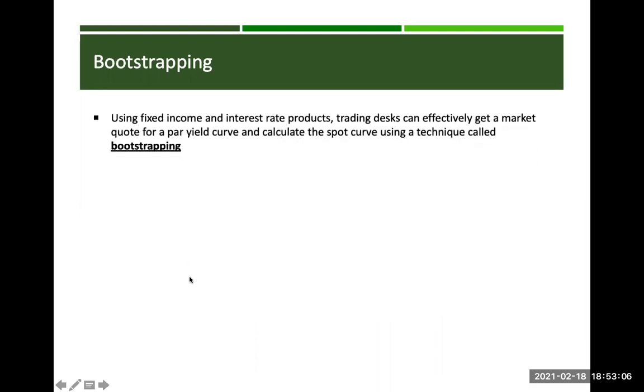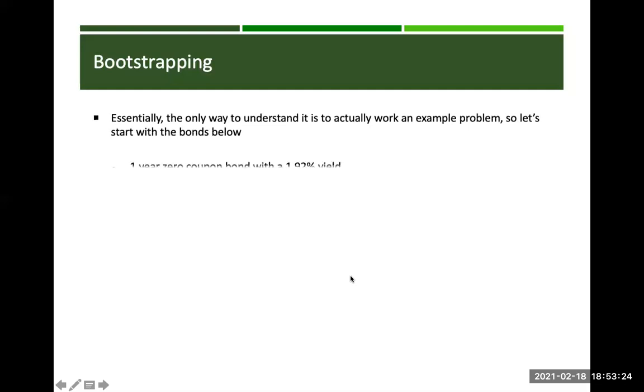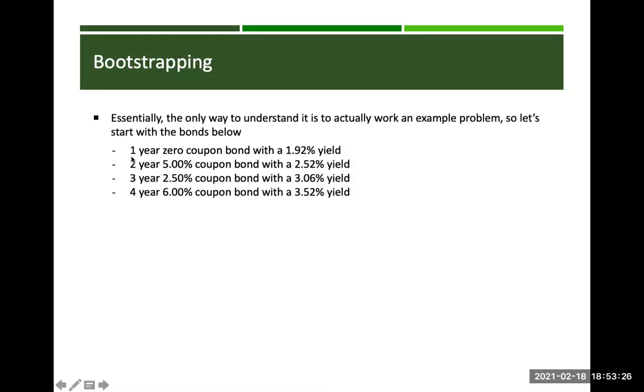So we need to use a technique called bootstrapping. Now, those of you that have studied statistics, this is a different kind of bootstrapping. We're going to use these two equations. We're going to say they equal each other. And so we have to go through each one of these.